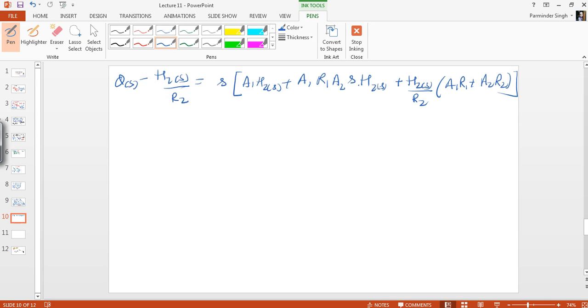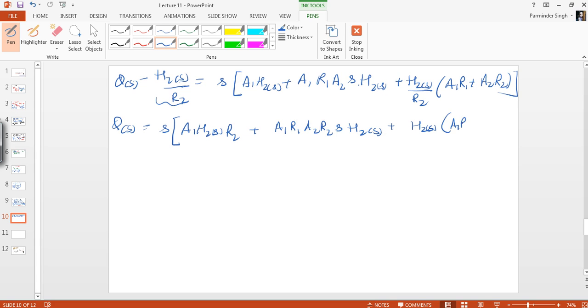Now this H2S by R2 can be taken on the other side, so what we have is QS over here, and this term can be taken on the other side, so this becomes S times A1 H2S, and we can multiply by R2 from both the sides, so R2 plus A1 R1 A2 R2 S H2S plus H2S into A1 R1 plus A2 R2 into H2S, and multiply R2 on both sides, so obviously this gets also multiplied by R2.